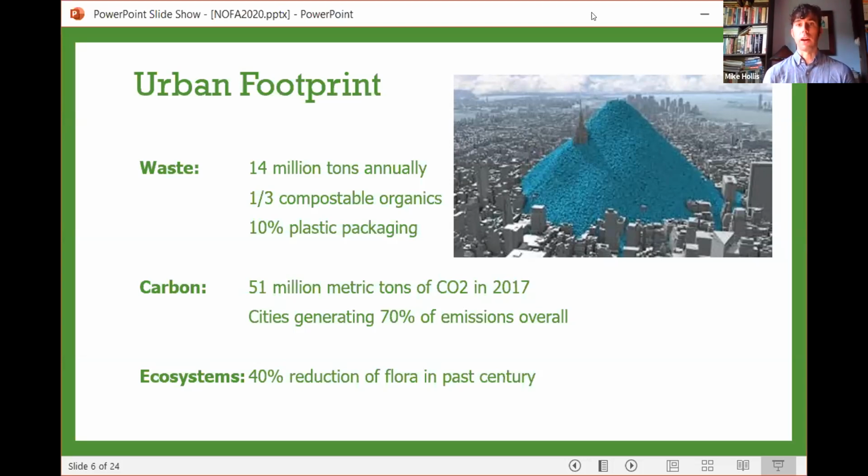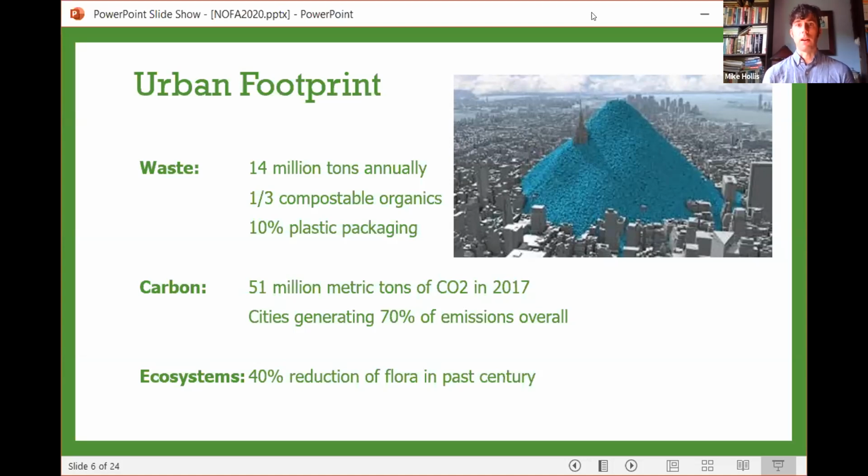Another 10% is plastic packaging. So something as simple as reorganizing the way some of our packaging is processed, or reducing our plastic intake, can have a very significant impact on this waste stream.